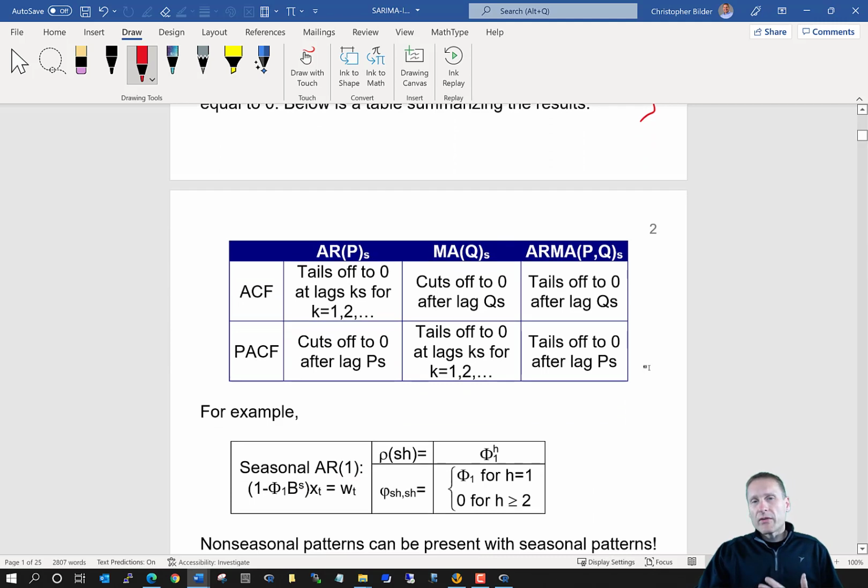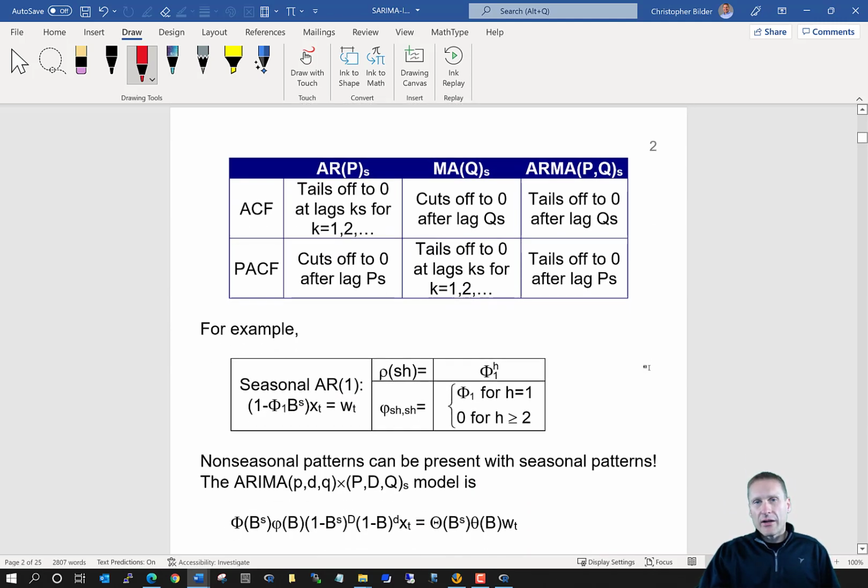So similar to what we saw for a table in the past to help identify AR, MA, and ARMA models, here's that same table, but now we look at lags k times S for making that determination of cutting off to 0 or tailing off to 0 and so on.